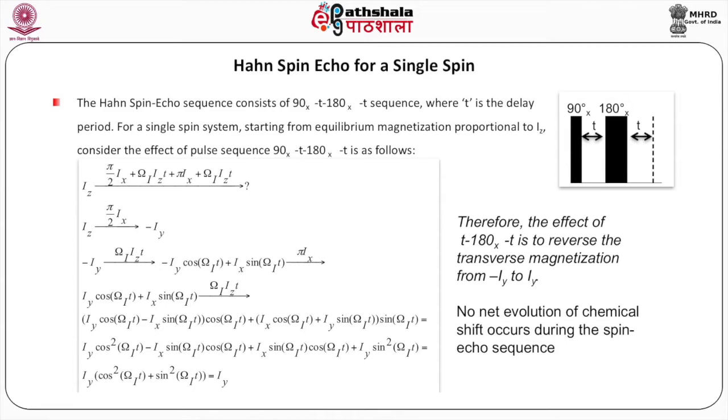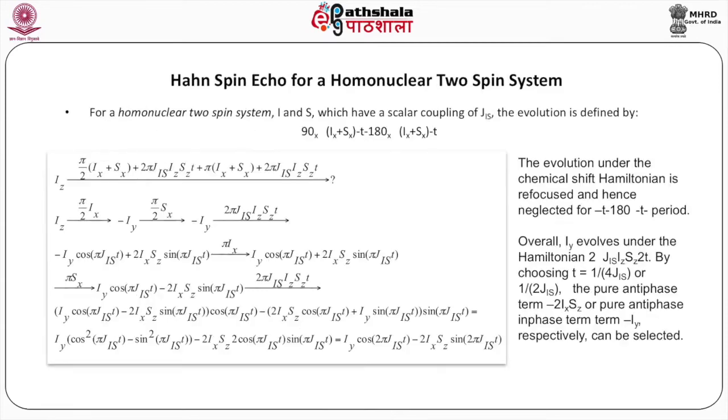Therefore, the effect of the t 180 degree x t sequence is to reverse the transverse magnetization from minus Iy to Iy. No net evolution of chemical shift occurs during the spin echo sequence, which is as shown in the top right. Let us consider Hahn spin echo for a homonuclear 2-spin system. Now, here if we start with Iz, then you can see all these equations are given, and in the end what we have are the terms Iy cos 2 pi J ist minus 2 Ix Sz sin 2 pi J ist.